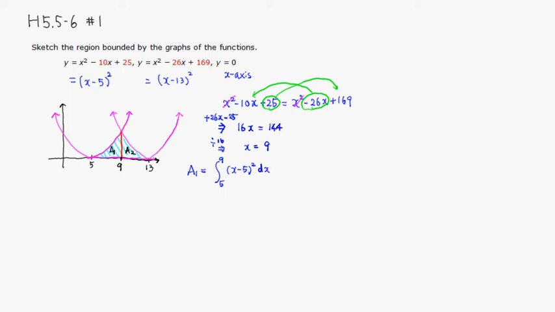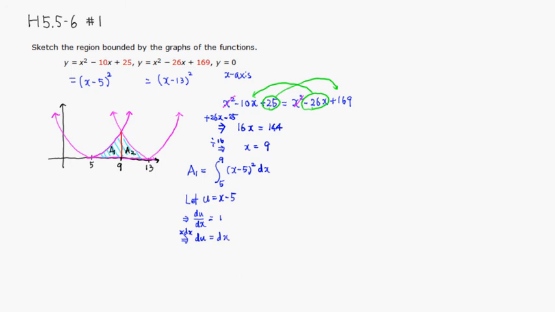If you want, you can make this pretty simple by using a substitution. Let u be x minus 5. If you take the derivative of u with respect to x, you get 1, which means we can multiply by dx to show that du and dx are the same, so they're interchangeable.